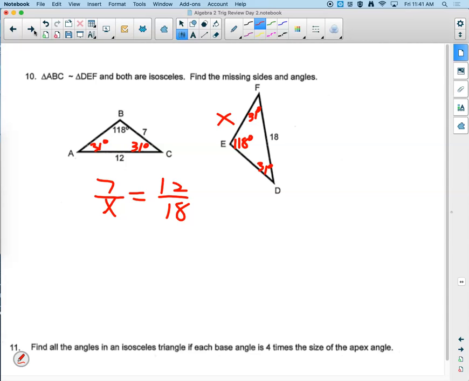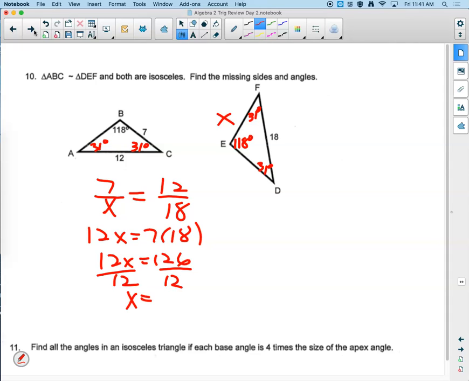Cross multiply. So we need 7 times 18, 126, and divide both sides by 12. 10.5. Oh, no labels. Okay, well, 10.5 it is. 10.5 units, whatever it is. So proportions to work with those similar pieces, different sizes.